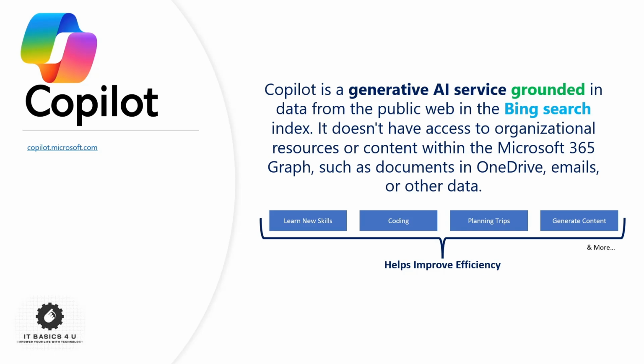So that's one of the limitations that was there with Copilot. But overall, as a freely available technology, Copilot is there to help you in a lot of different ways, a lot of different topics against which you can search the publicly available data.